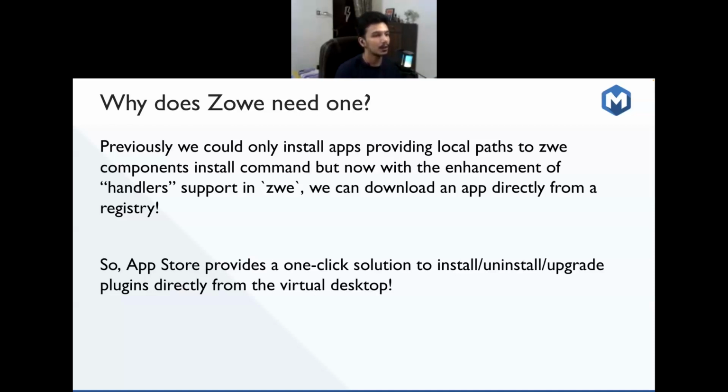But now, with the release of Zowe 2.5, the ZW components commands support installing plugins from registries as well. So you can have your in-house registry that you are using, and you may want to use that for faster rollouts of applications.